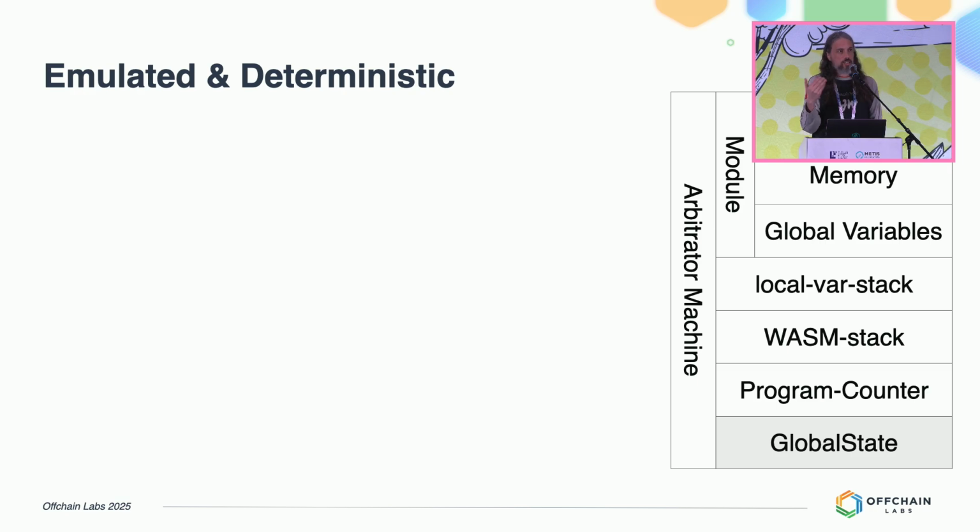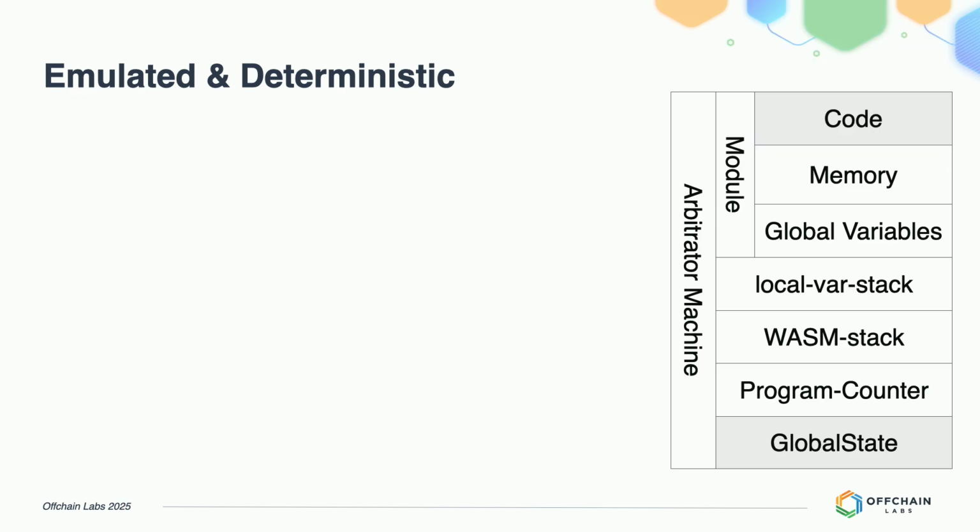So the first thing I said is Arbitrator is fully emulated and deterministic. That means that if you look inside the code, what you will see in essence is exactly what you would expect to see of every fully emulated machine and even of every computer and every CPU. So the Arbitrator machine has representation for the code that is executing.